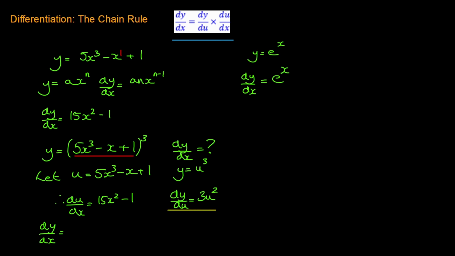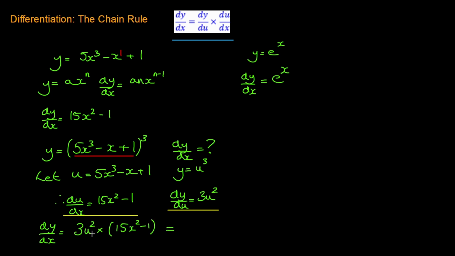dy/du is here. Yes, it's in terms of u, but we can easily substitute that back to x by just pushing our inner function back into our answer for dy/du. And we've got du/dx here. So we can write down the answer. So dy/dx is equal to 3u squared multiplied by, du/dx is here, and I'll put it in a bracket, 15x squared minus 1.